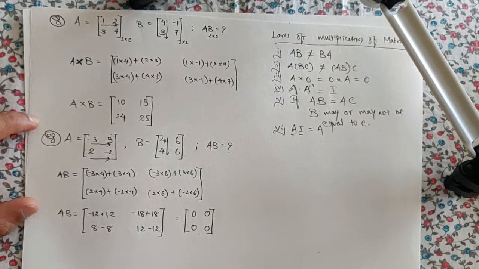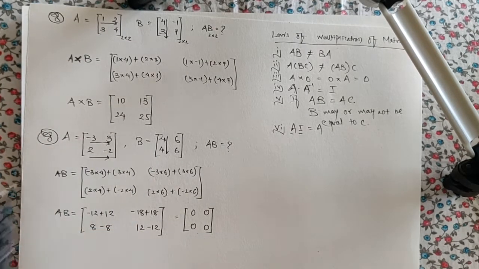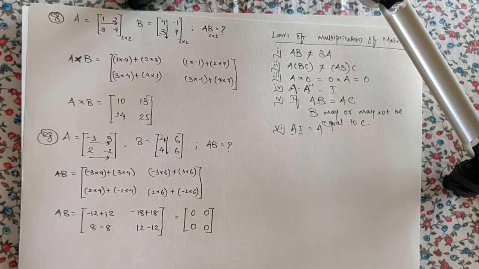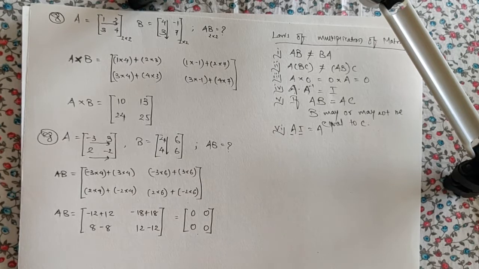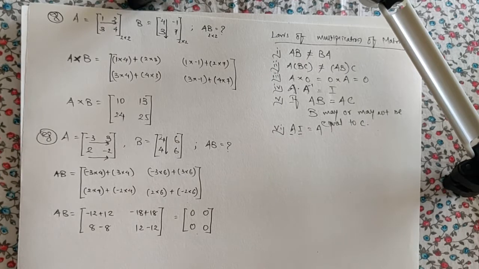It's a null matrix. So none of the matrices over here were 0 or null matrix. Still their product is a null matrix. So it is not necessary for one of the matrices to be a null matrix for the product to be a null matrix. So that's one of the most important identities of matrices.